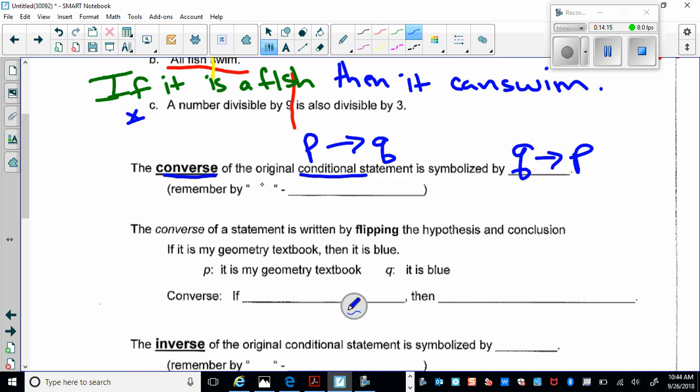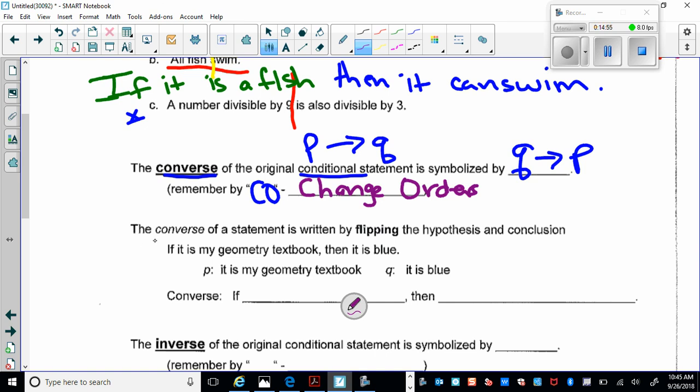If you guys notice, converse starts with CO. So if you wanted to remember, CO starts with C and O. The C represents change, and the O represents order. So changing the order of the statement. It initially was PQ, we changed the order, now it becomes QP.